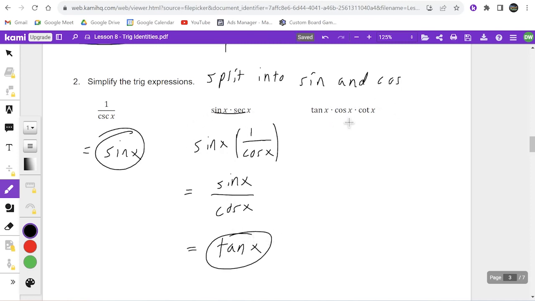And then the very last one, yeah, there's going to be a lot of stuff here. But first tangent splits up into sine x over cosine x times cosine x. I'll write cosine x over 1 to remind myself this is fractions. And then cotangent x is, you can say 1 over tangent x, that's fine. But if it's just the reciprocal, then I think it should be cosine x over sine x because it's the reciprocal of tangent.